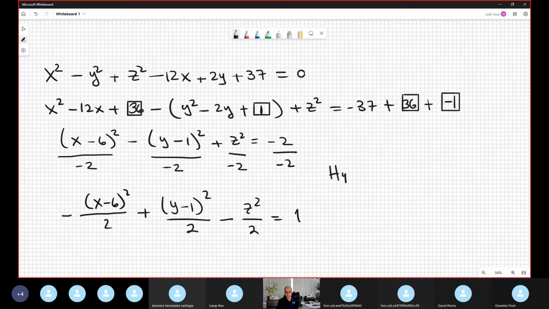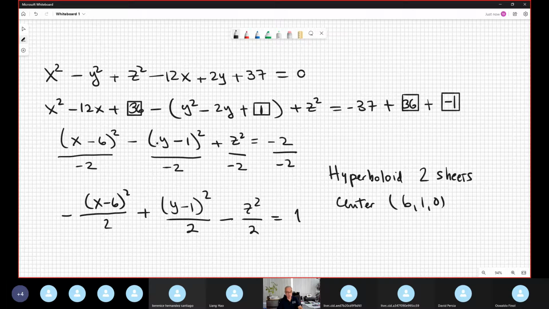Hyperboloid of 2 sheets. And by the way, the center of this hyperboloid is located at the point (6, 1, 0). It's logical, right?